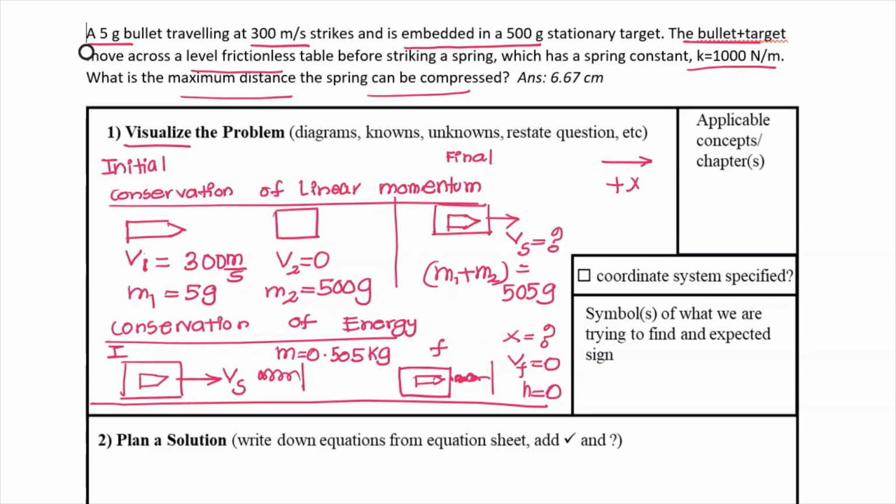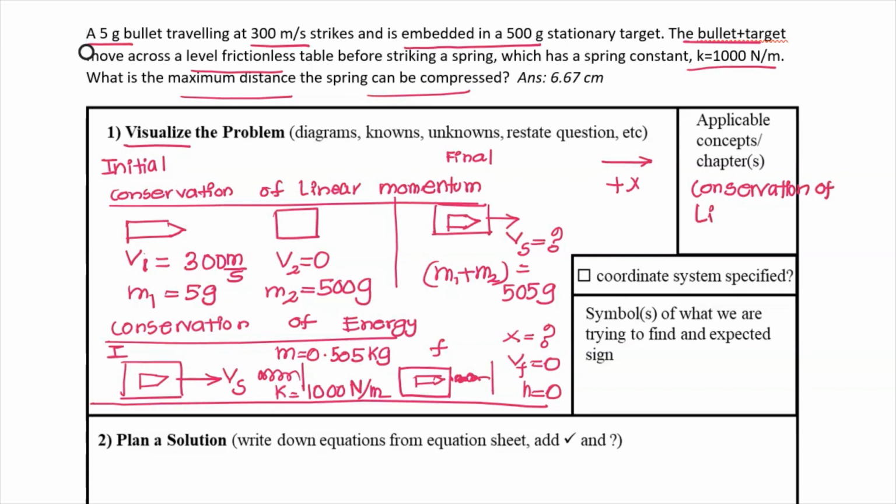X is the compression, by how much the spring compresses. Again, keep in mind, we cannot use conservation of momentum because there's a net external force from the fixed end of the spring. The spring constant is 1000 newtons per meter. Okay, so let's see the applicable concepts. We can easily see it from the visualization.